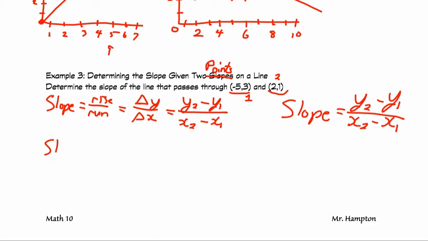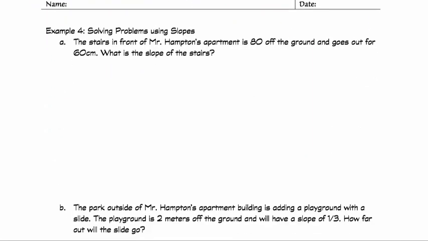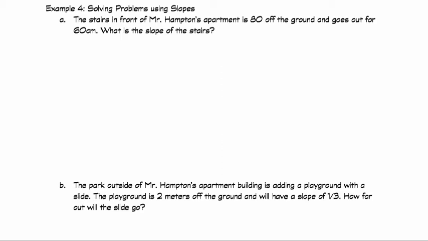So to find our slope, we use y2, which is the y value of our second set, so this 1, minus y1, the y value of our first set, 3, divided by the x value of our second set, 2, minus the x value of our first set, -5. This is equal to -2 over 7. So our slope for these 2 points is -2 over 7.